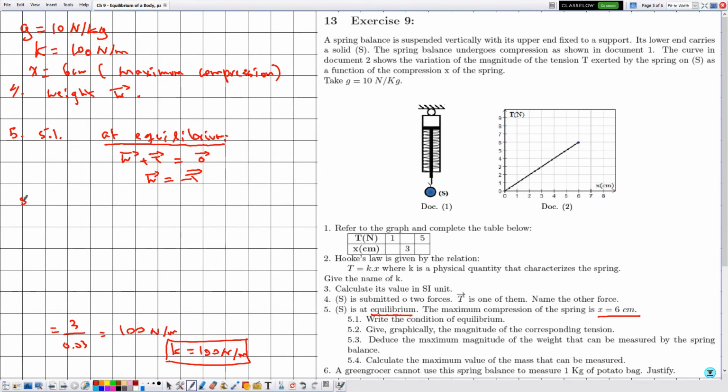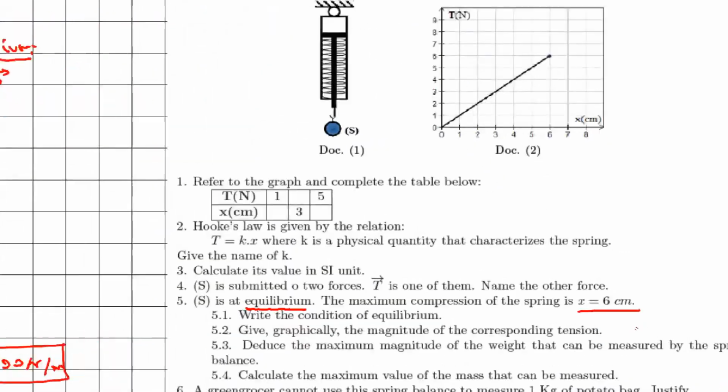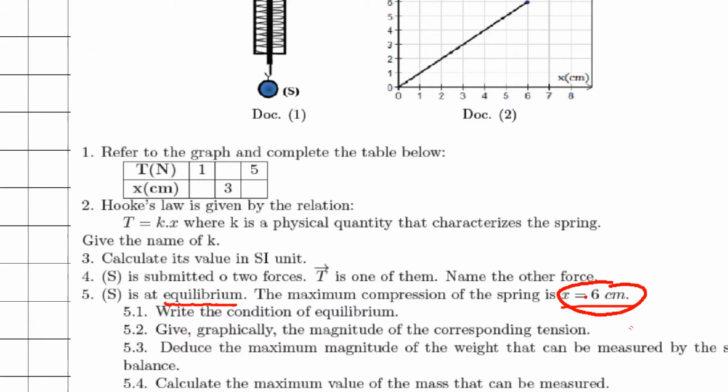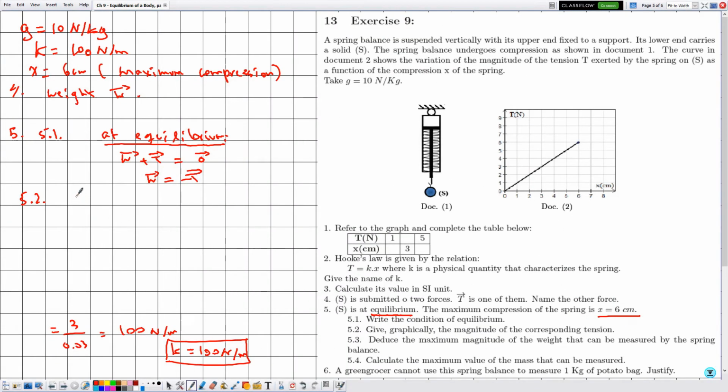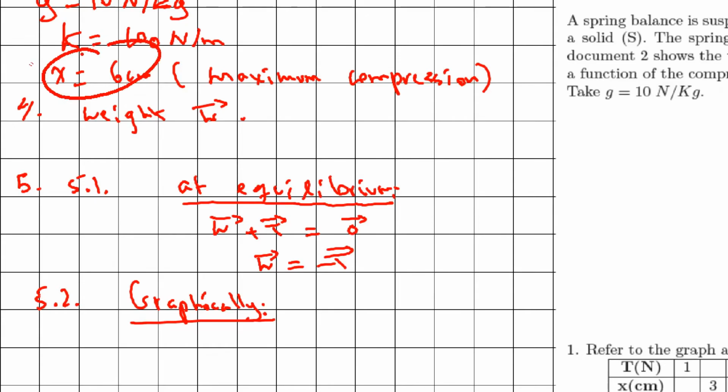Now in 5.2 they are telling us to give graphically the magnitude of the corresponding tension. Here the corresponding tension, they are talking corresponding to X. And because we need to use the graph, we need to mention it graphically. Usually they give it half a mark. Now we know that the maximum compression is given by 6 centimeters.